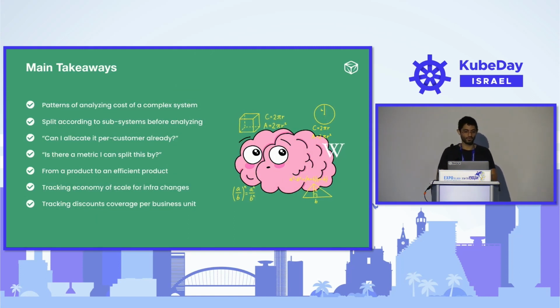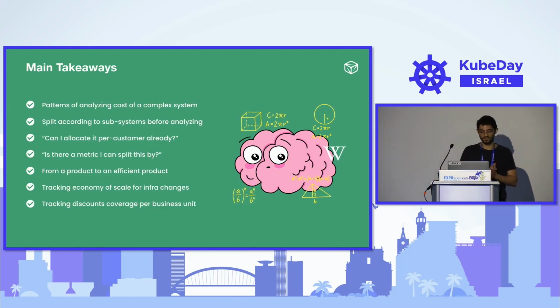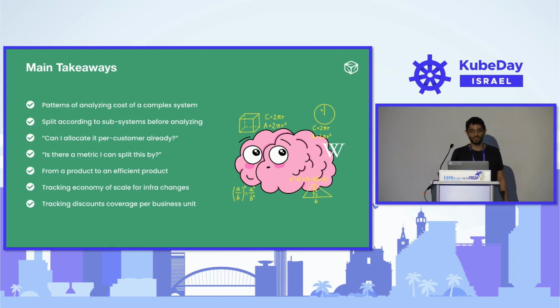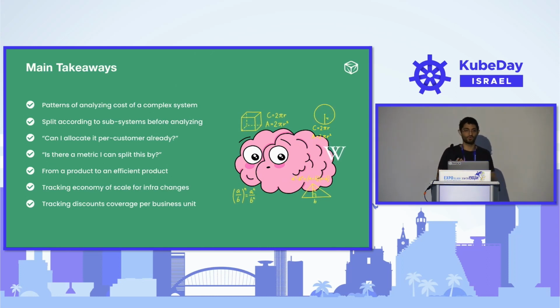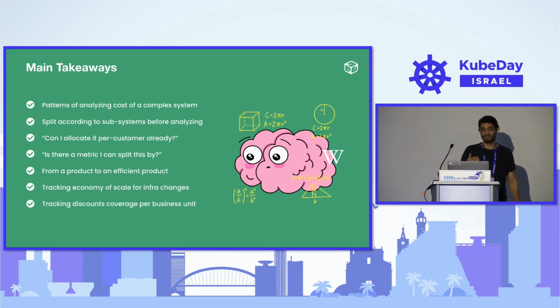In order to conclude everything, I wanted to give a few takeaways on how we can analyze the system when we want to attribute its cost to customers. First, we want to identify our subsystems. Then, if this system is running Kubernetes, we probably want to apply some form of solution that is able to take apart these costs to the Kubernetes level, so we'd have access to the actual pod or namespace cost.